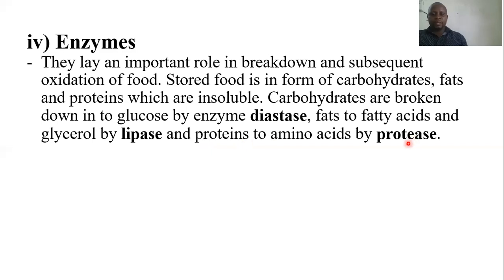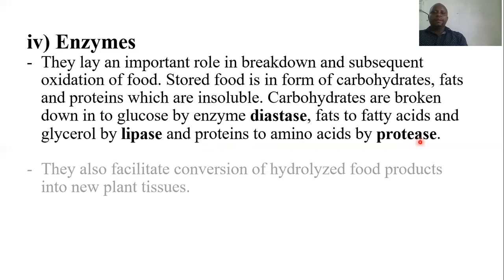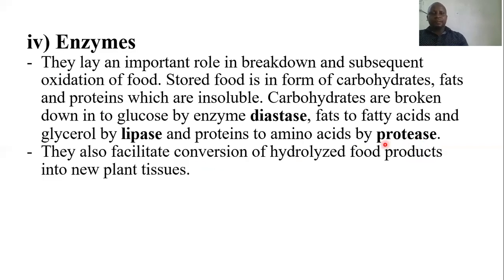Okay. So apart from breakdown of the stored food in cotyledons, enzymes also facilitate conversion of the hydrolyzed food products into new plant tissues, like new cell walls, new cell membranes, new organelles. This will be facilitated by those enzymes. Good.